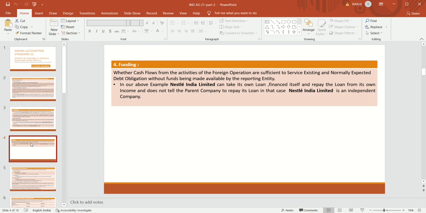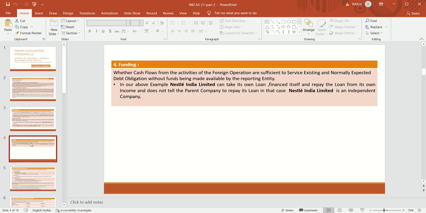In our above example, Nestle India Limited can take its own loan, finance itself, repay the loan from its own income and does not tell the parent company to repay its loan. In that case, Nestle India Limited is an independent company. They take their own loan, fund themselves, repay their loan from their own income, and do not tell the parent company to repay it. So they are an independent company.